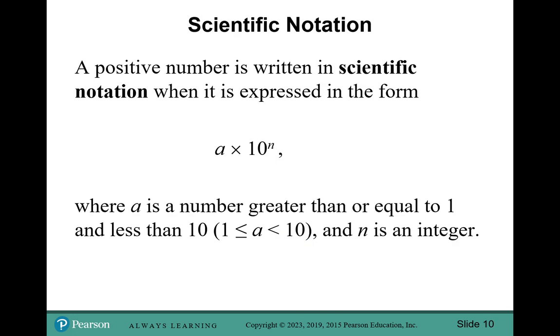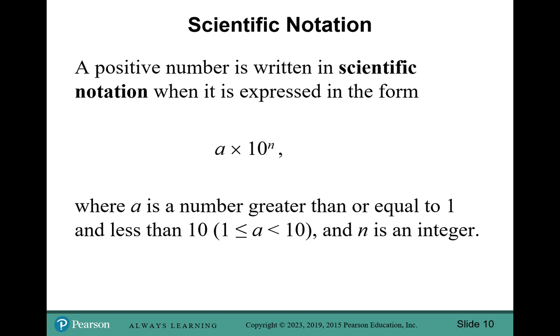So the reason we review this is essentially how scientific notation is built. Scientific notation. A positive number is written in scientific notation when it is expressed in the form a times 10 raised to the n, where a is a number greater than or equal to 1 and less than 10. So a has to be between 1 and 10.